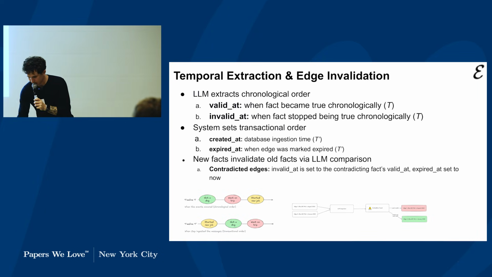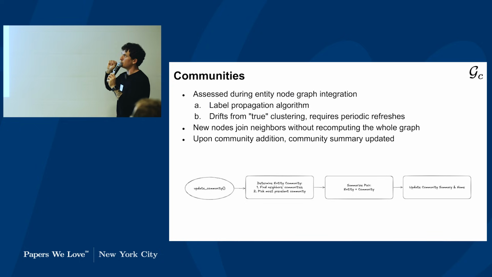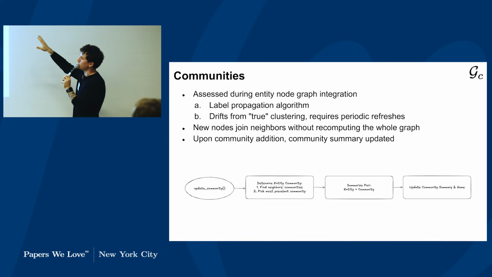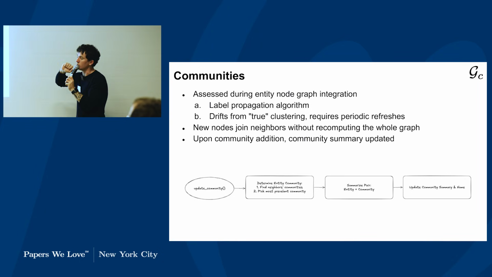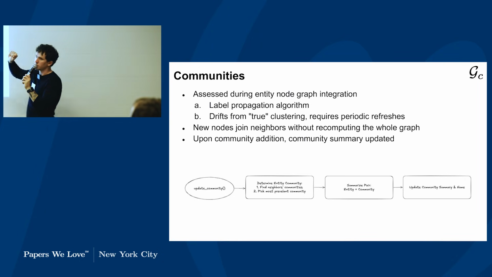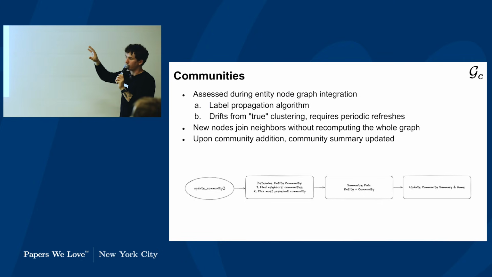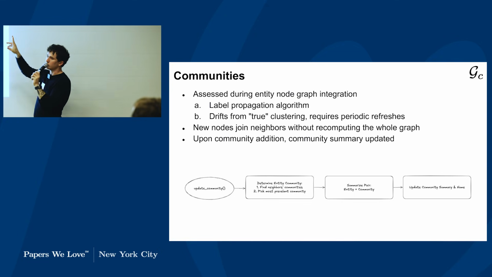Cool. All right, so the highest level of ZEP is the idea of a community. Communities are assessed during entity node graph integration. They do so via a label propagation algorithm, which allows it to happen in real time without recomputing the entire graph, but over time it does mean that we drift away from true clustering.